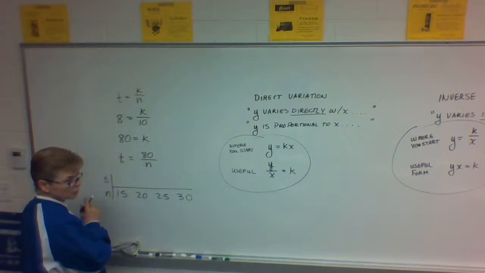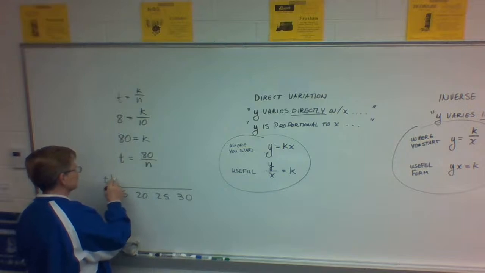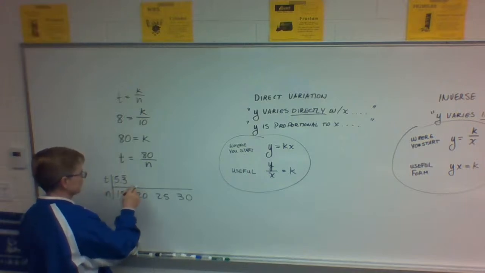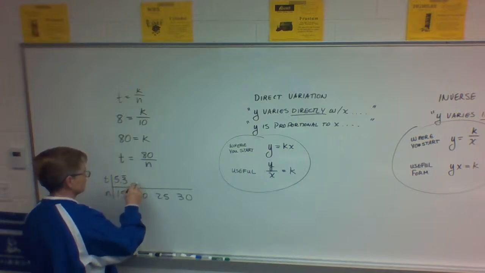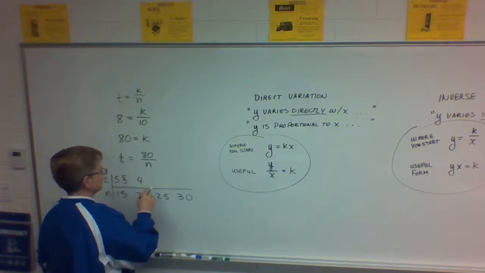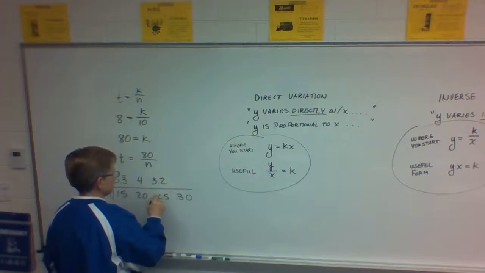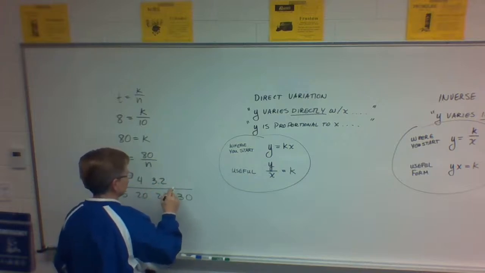Go ahead and give me a decimal to maybe the nearest tenth. 5.3. Is it 5.3 repeated? Yeah. Okay, so I'm going to put it down that way so that we know that's a third of an hour. When 20 volunteers show up, it's going to take 4 hours. 25? 3.2. Does it stop there? Yeah. Okay. And 30? 2.6 repeated.